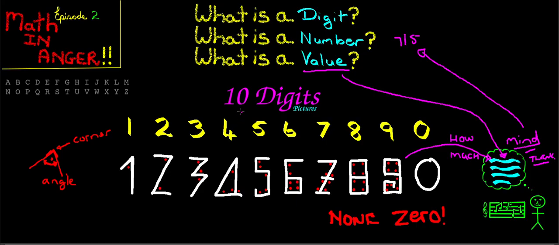And again, probably the most important thing from this lesson is take a look at how many pictures there are. There's 1 picture, 2 pictures, 3 pictures, 4 pictures, 5, 6, 7, 8, 9, 10 pictures. This fact is incredibly important. And yes, you will see why.